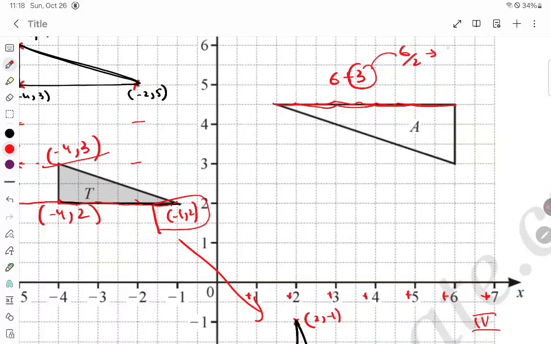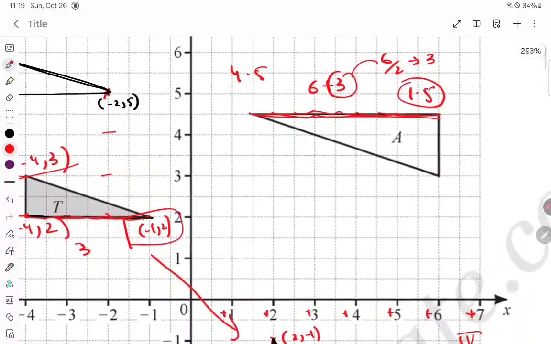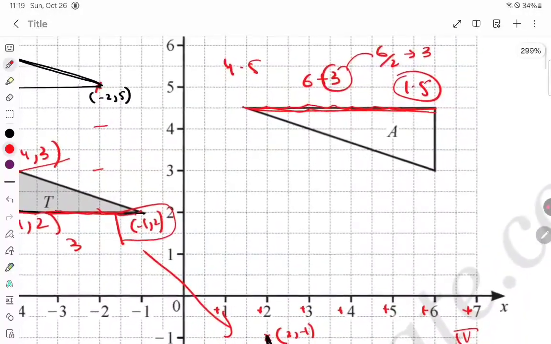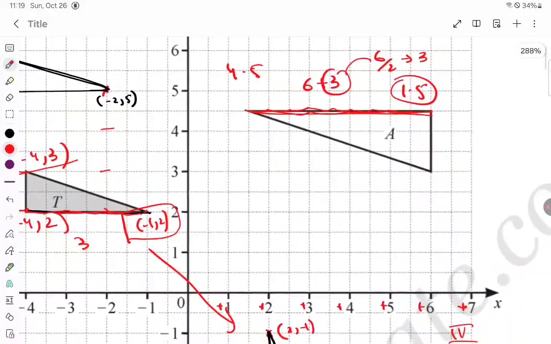So we know that this triangle is enlarged by a factor of 1.5, because this is 3 units and this is 4.5 units. If we cancel these out, we get our 1.5 enlargement.